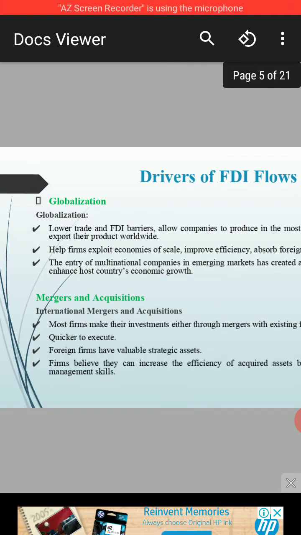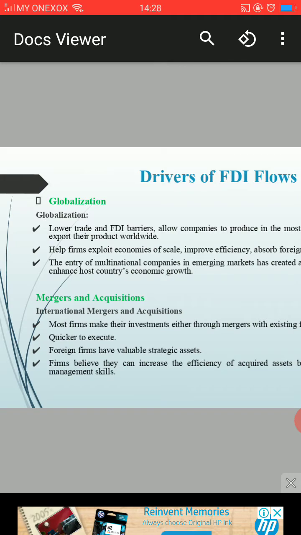So in this method, the MNC will buy the company, and then transfer some capital and invest some technology. So the company, which from the beginning may be struggling or going bankrupt, can become more superior. They have good products and good technology, so they can survive in the market.